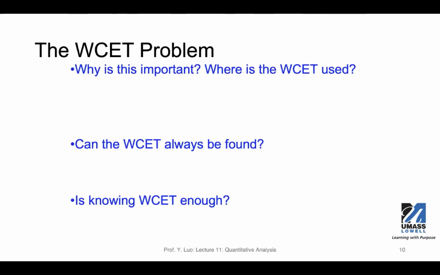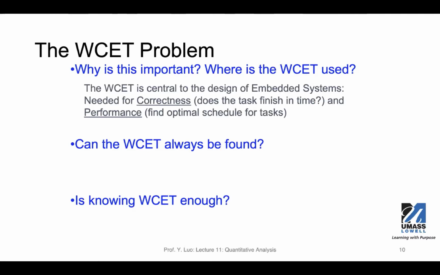So why is this important? The worst case execution time is central to the design of embedded systems. It's needed for correctness. That means, does this task finish in time? And also, it is critical for performance. We need to find the optimal schedule for all the tasks if we know the worst case execution time of individual ones.